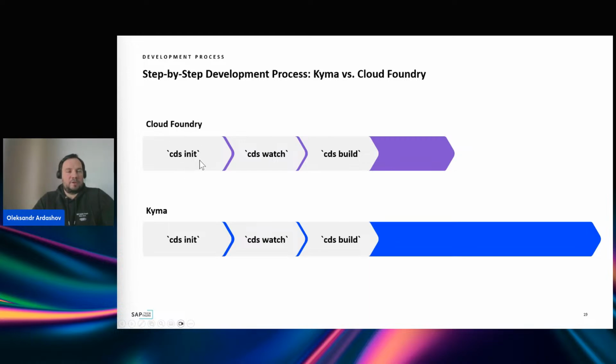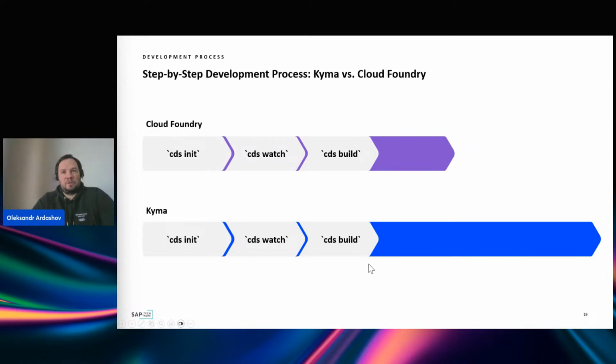Then once it is instantiated, we do development. Usually we develop the database layer, the persistence layer, and the service layer, and we define how our application will look. Then we can run CDS watch to run it locally and see how it looks, and then we can build the project and make the artifact of what we have designed.